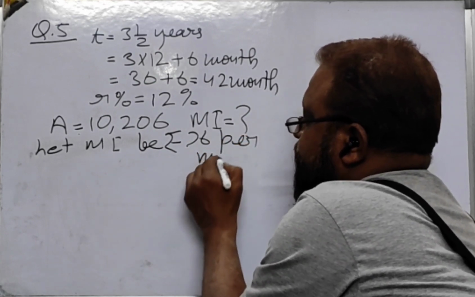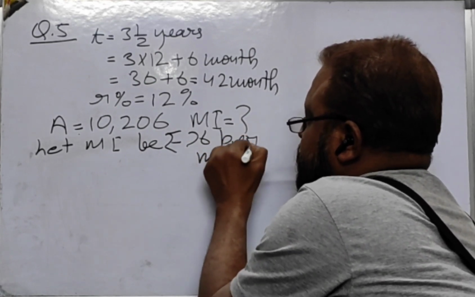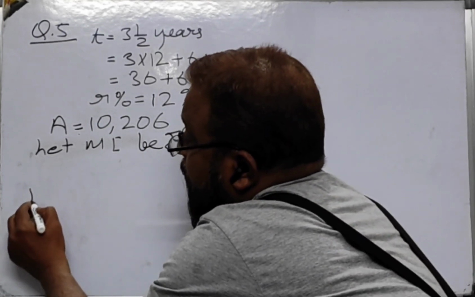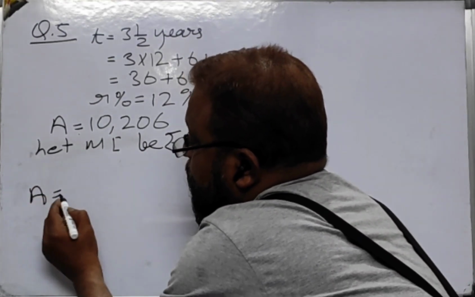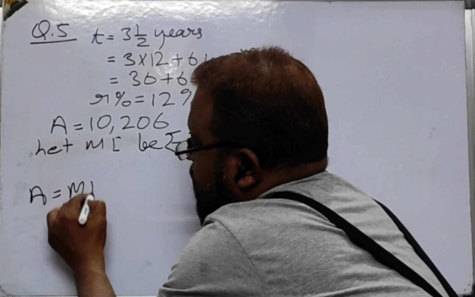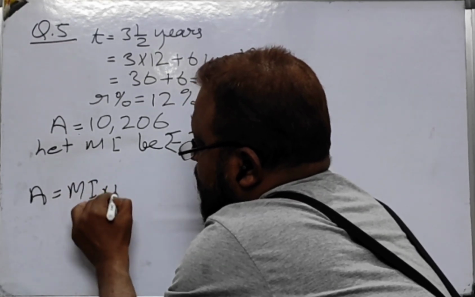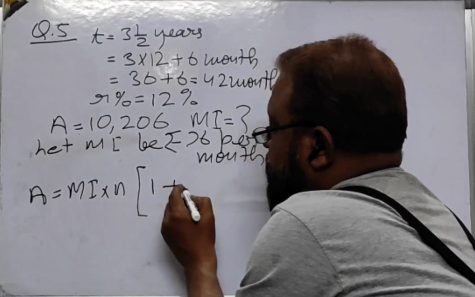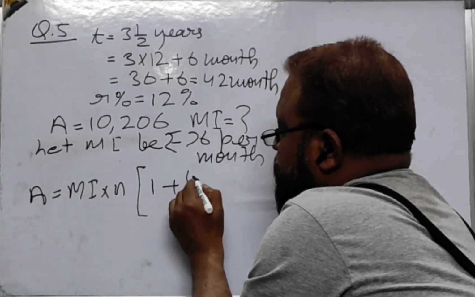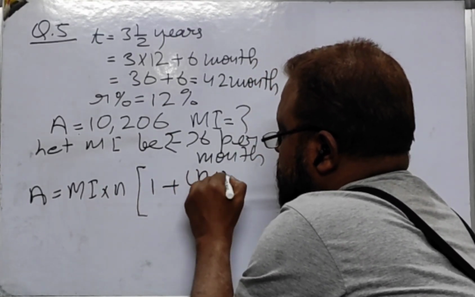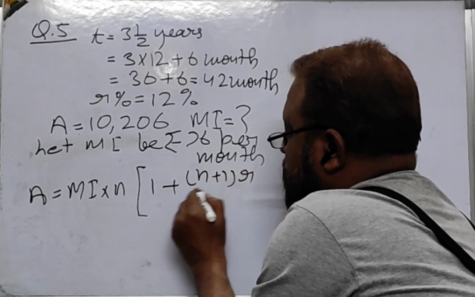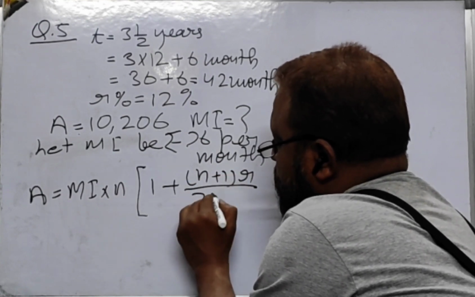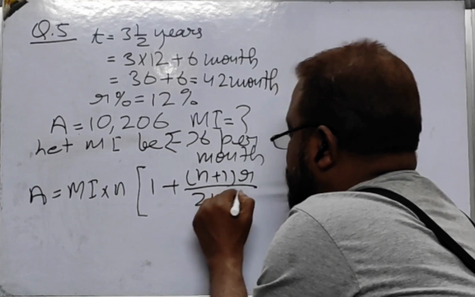Then A is equal to MI into n bracket 1 plus n plus 1 into r upon 2,400. Fine.